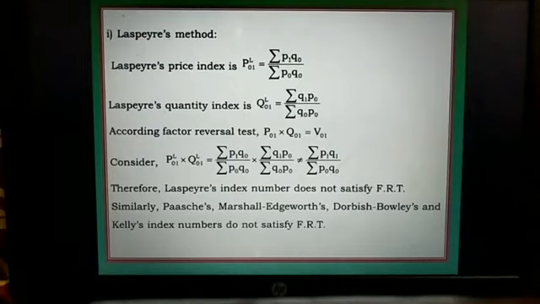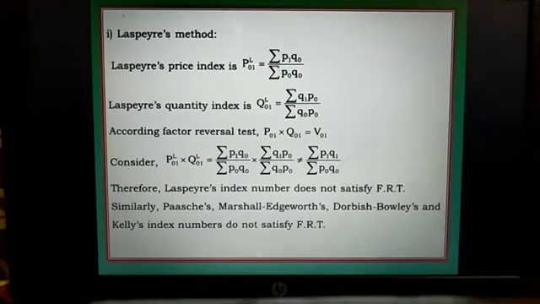What is the condition to be satisfied for the factor reversal test? The product of price and quantity index numbers should result in the value index number, isn't it? So now let us consider, according to the factor reversal test, P01 multiplied by Q01 is equal to V01.